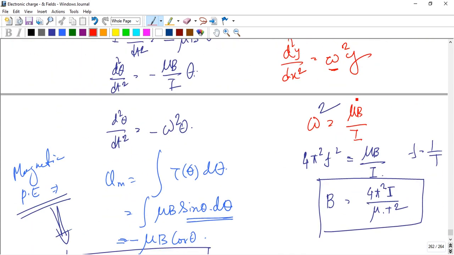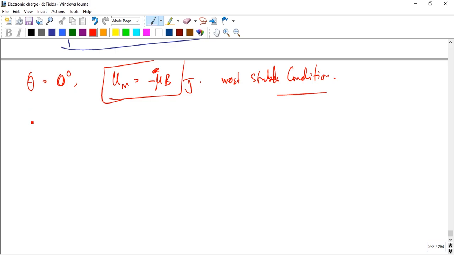And if theta is 180 degrees, then cos 180 is minus 1, which means plus mu B joule. That is the most unstable condition.